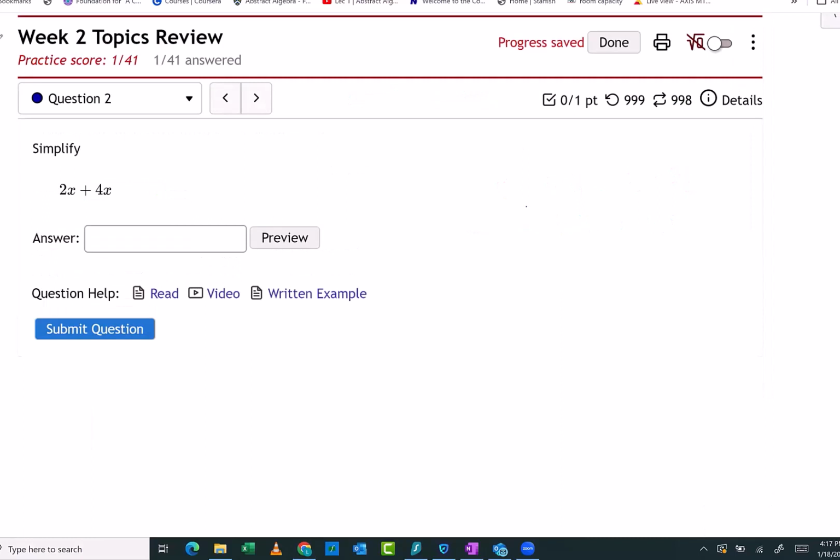Now we want to simplify 2x plus 4x. When we talk about a variable, I'm talking about x. X is a variable because it can change. 2 and 4 are constants because they just always stay 2 and 4.